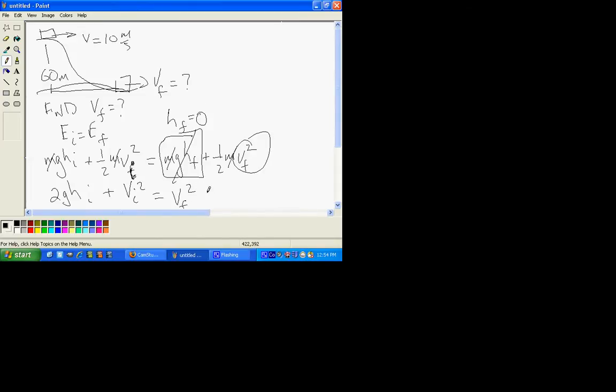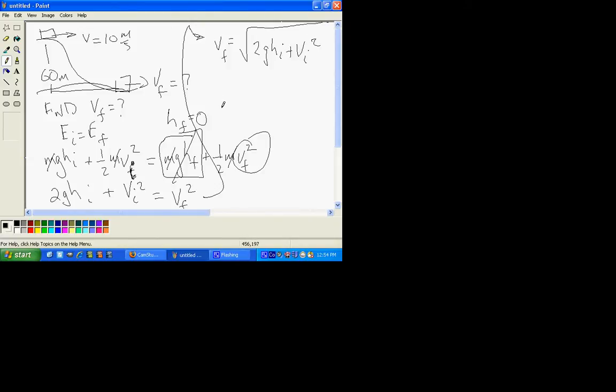So if we take this and continue, our final velocity is going to equal the square root of 2g h initial plus v initial squared.